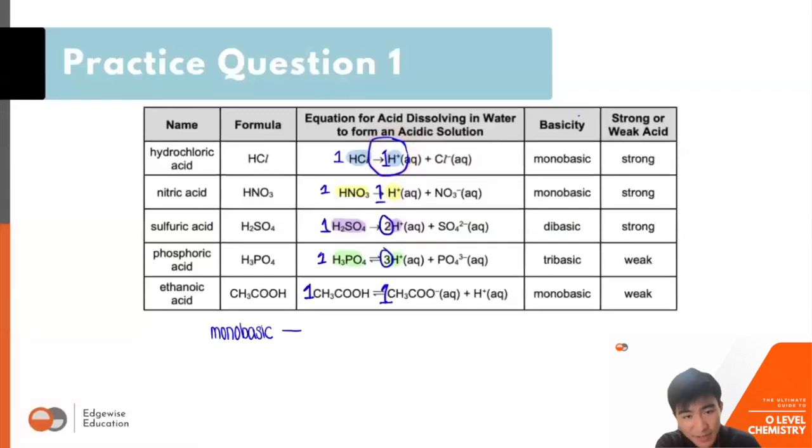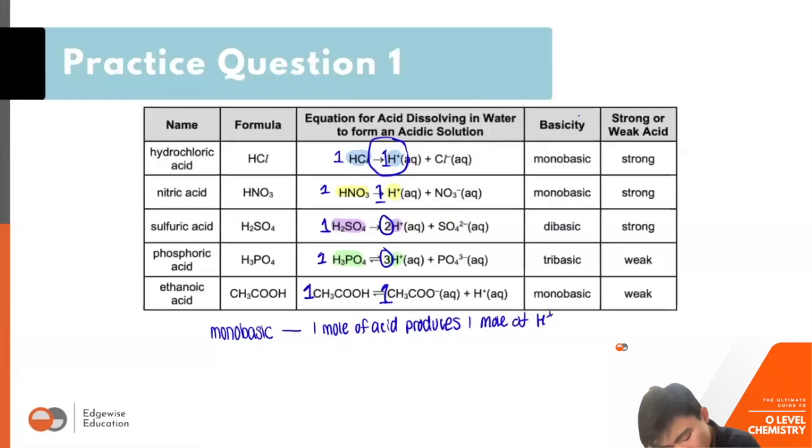Monobasic acid simply refers to 1 mole of acid produces 1 mole of hydrogen ions when dissolved in water. I've already written the one down for monobasic.